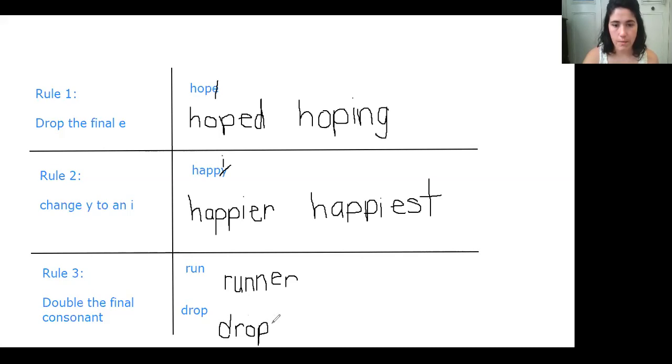Now I'm going to add my second P, and then I'm going to add the suffix ed to make it dropped, because we know ed makes that ending sound in dropped. All right, now I have the word dropped.